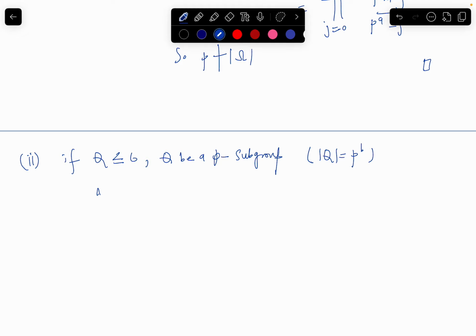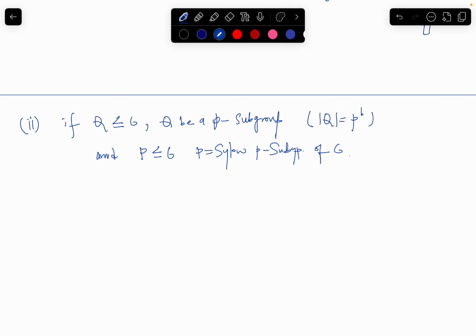And if P is a Sylow subgroup of G, then we will show that there exists a g in G such that g inverse Q g is a subgroup of P.